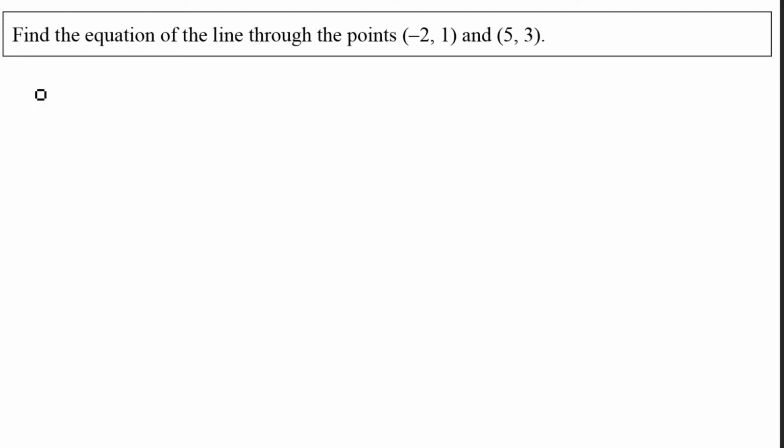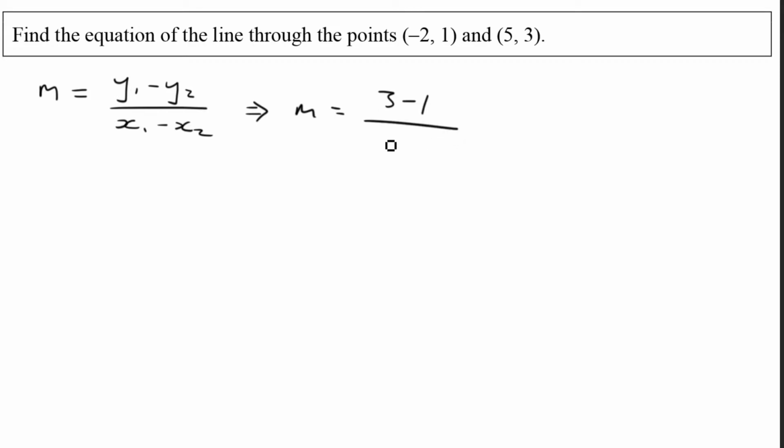Using the fact that the gradient can be worked out using y1 minus y2 divided by x1 minus x2, that means in this case that our gradient is 3 subtract 1 divided by 5 subtract -2. 3 subtract 1 is 2, 5 subtract -2 is the same as 5 plus 2, so that's 2/7.